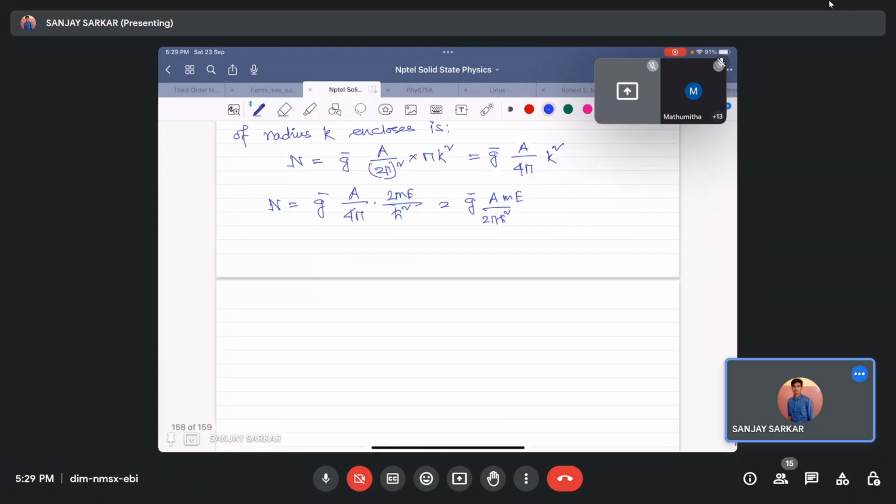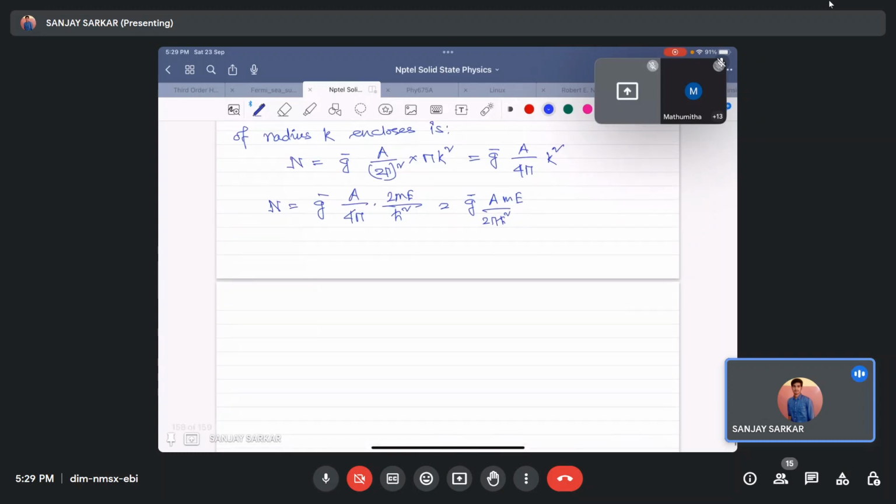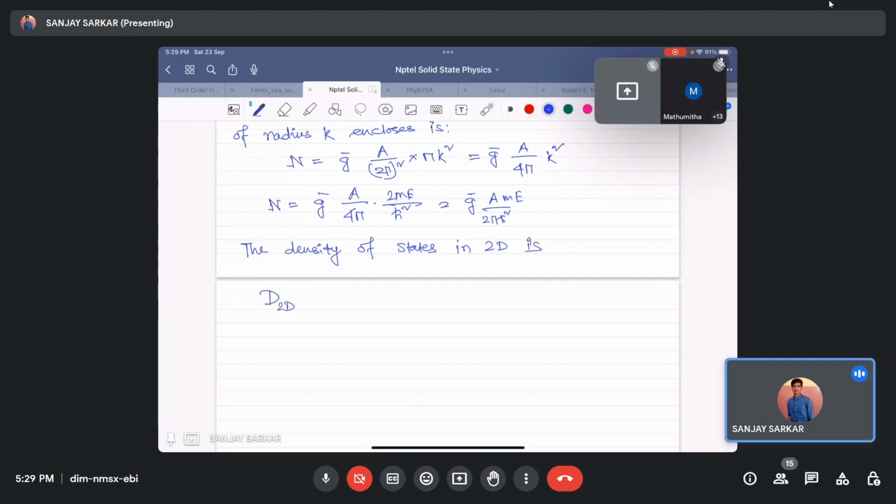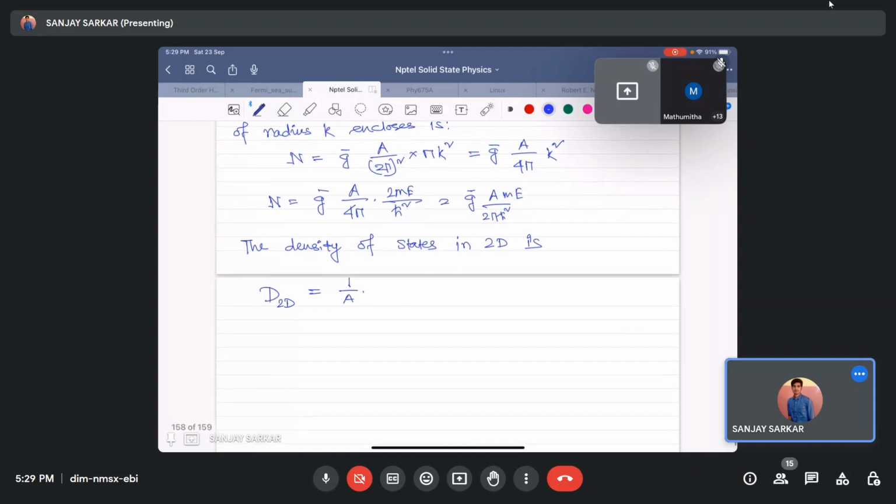Then the density of states in 2D, D of 2D, is equal to 1 by A into del n del E.